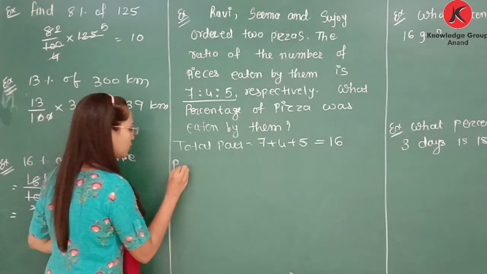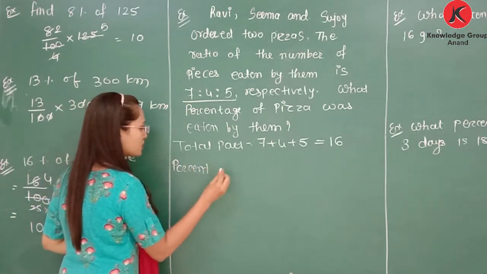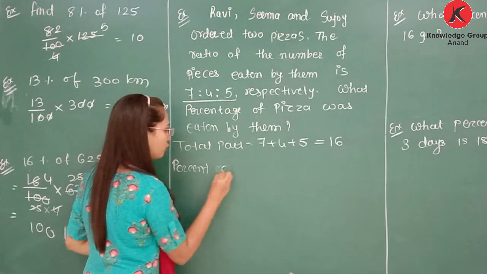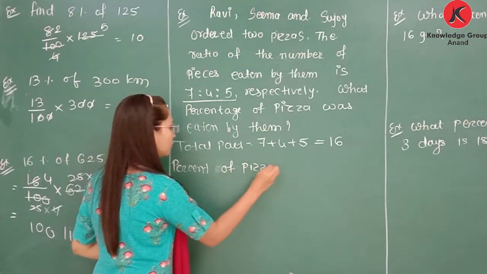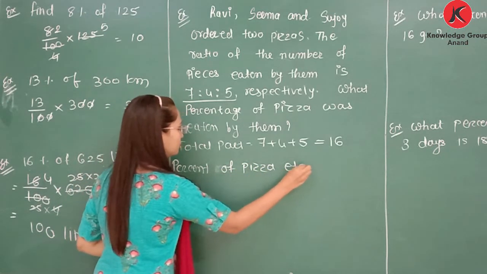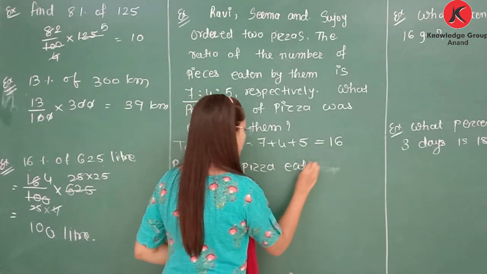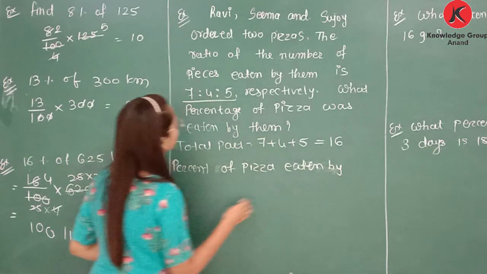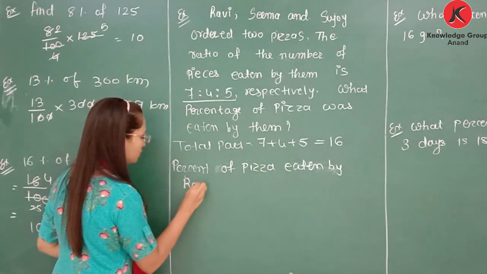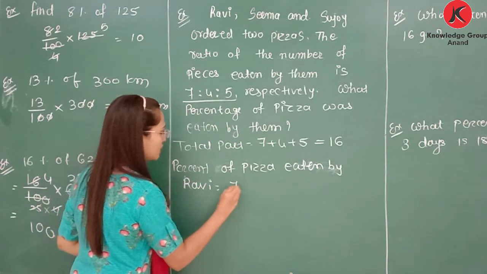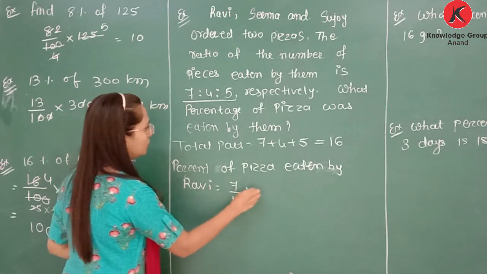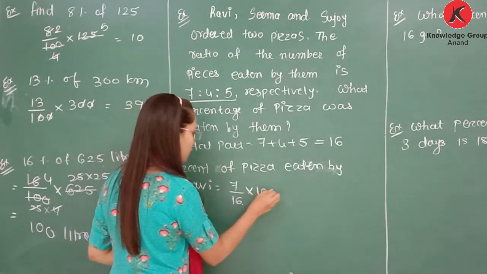So percent of pizza eaten by Ravi is given by 7 by 16 multiplied with 100.